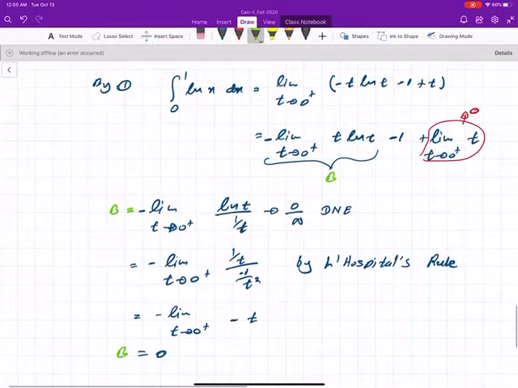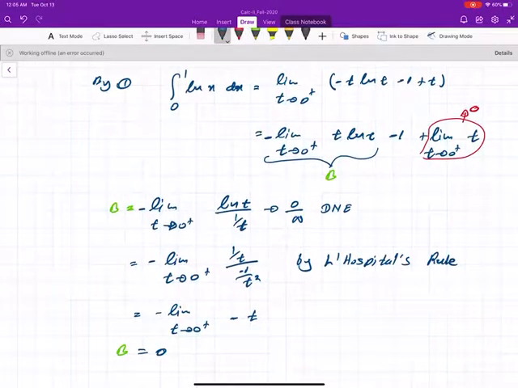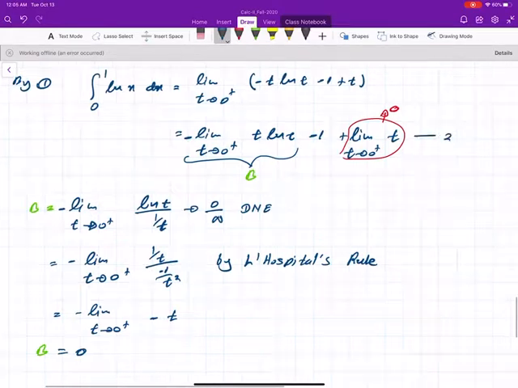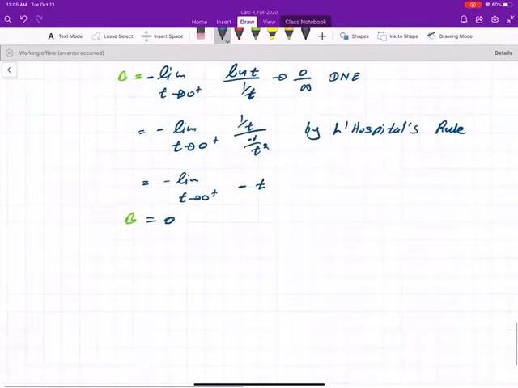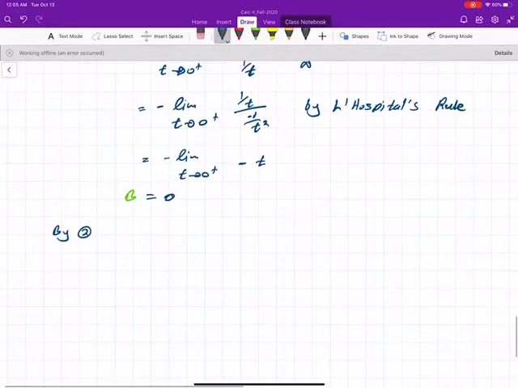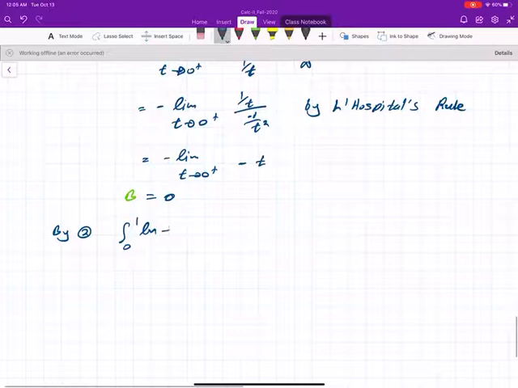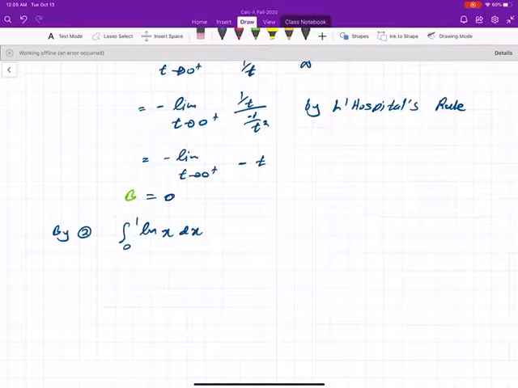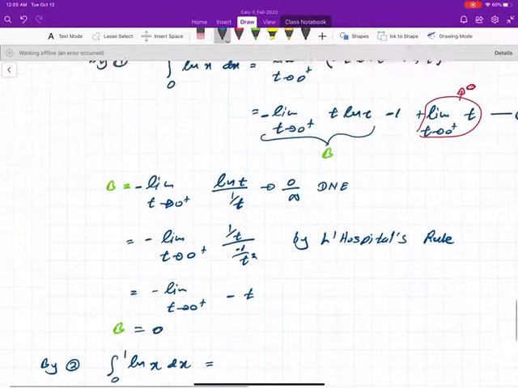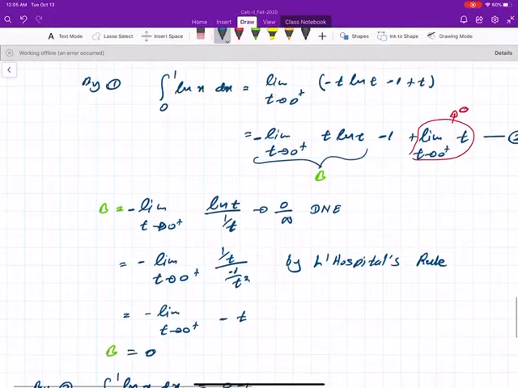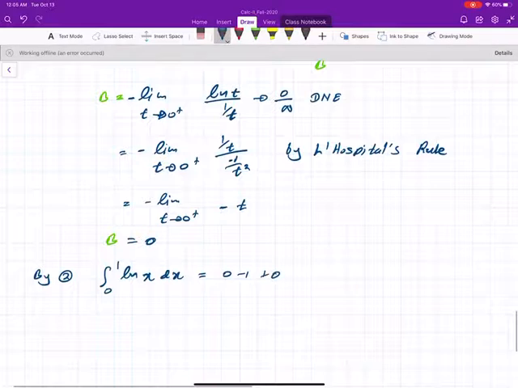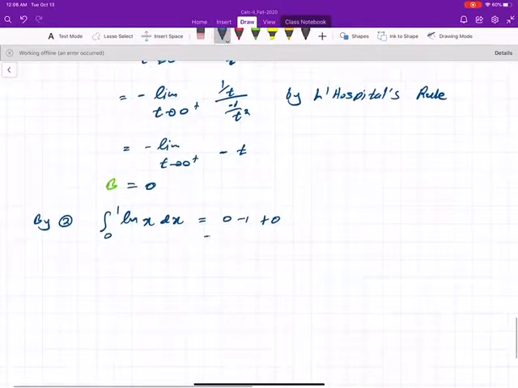Now you could write this as equation number 2. By equation 2 you write integration from 0 to 1 of ln x dx equals, B is already 0, so 0 minus 1 plus 0, which is minus 1.